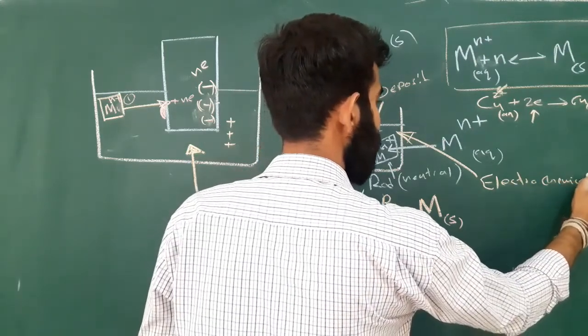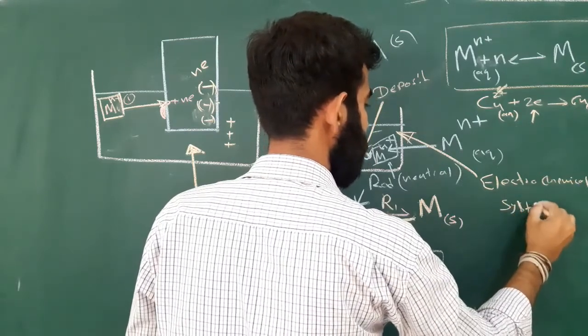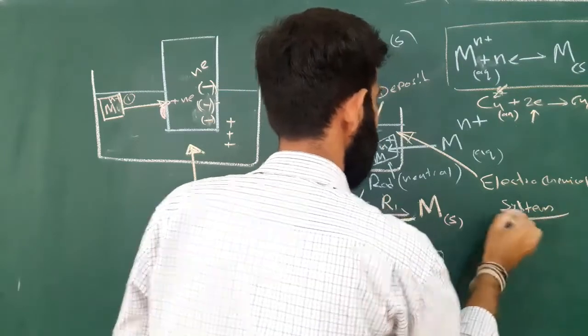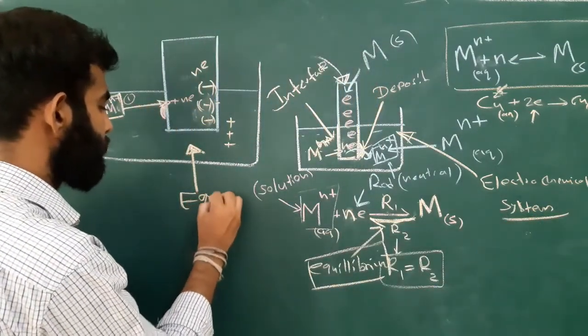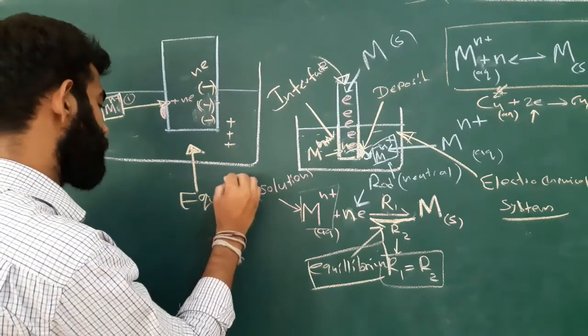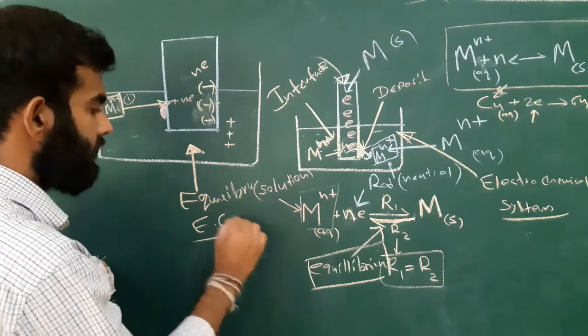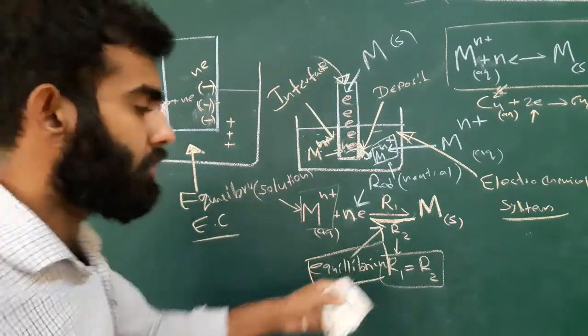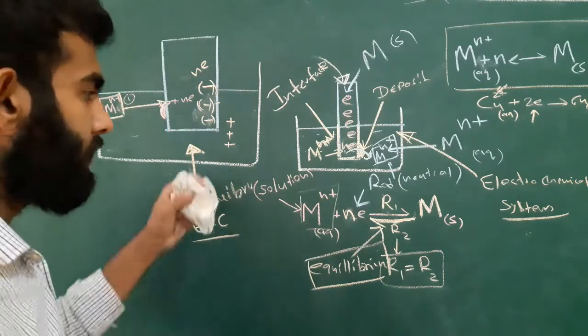Electrochemical system. So this is equilibrium. After some time it will reach an equilibrium. At that time it will be an equilibrium electrochemical system.